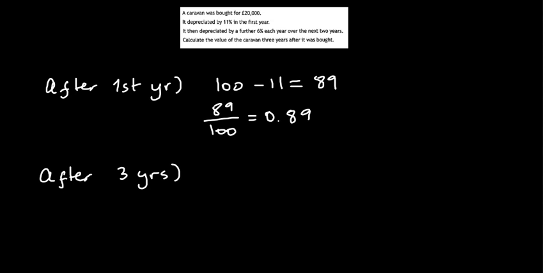And then you just multiply that by 20,000. So it's only decreasing for 1 year, so we don't need to raise that to any powers. So it would be 20,000 times 0.89, and that gives 17,800.